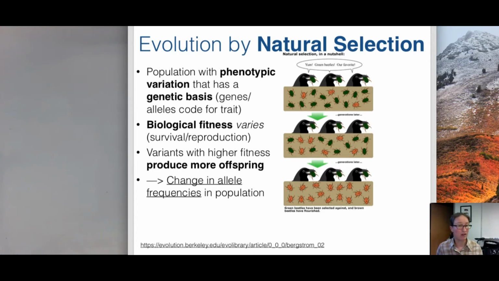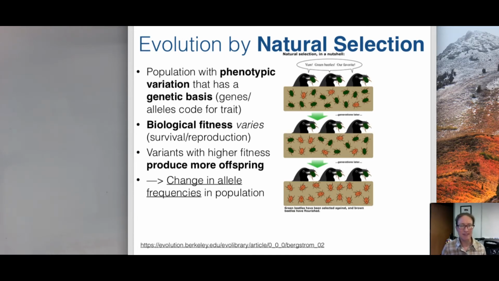So depending on what genotype and phenotype you have, there are different outcomes in terms of your survival and ability to reproduce. And what that means is that individuals that have greater biological fitness wind up producing more offspring. The net result of these conditions and processes is a change in allele frequencies in a population over time. So that's the process of evolution by natural selection in a nutshell.